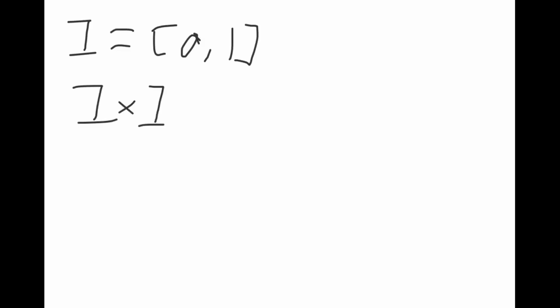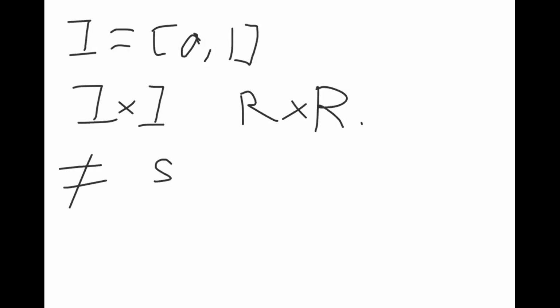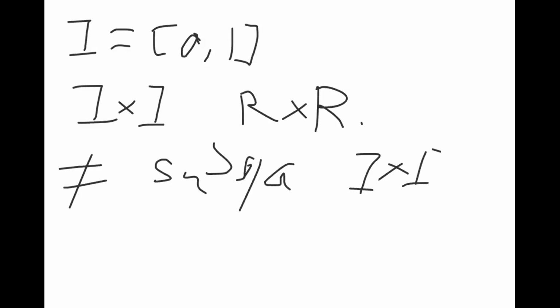It's the product topology on I, the interval 0 to 1, and then the dictionary order on I cross I, which is the restriction on the plane R times R. This dictionary order topology is not the same as the subspace topology obtained from the dictionary order topology on R times R.